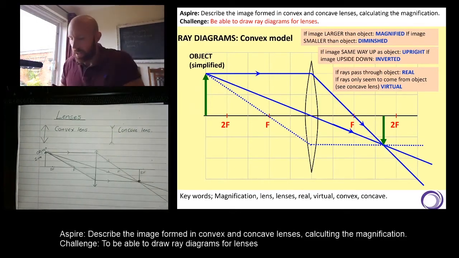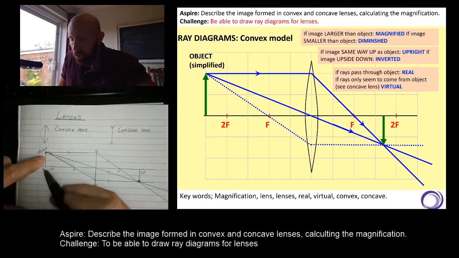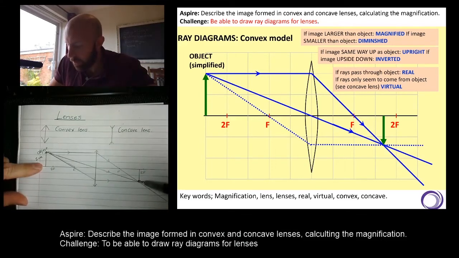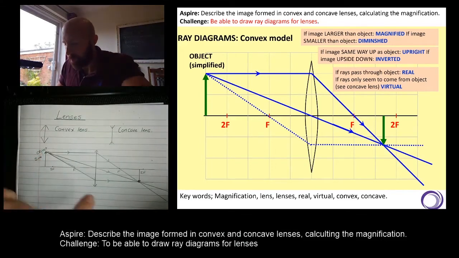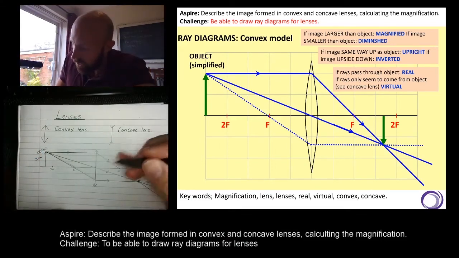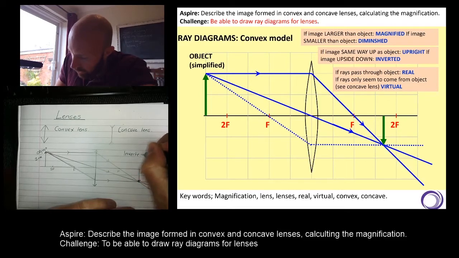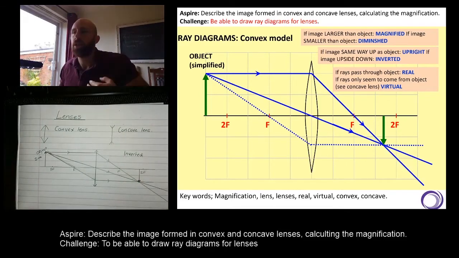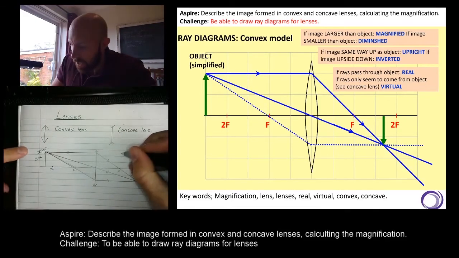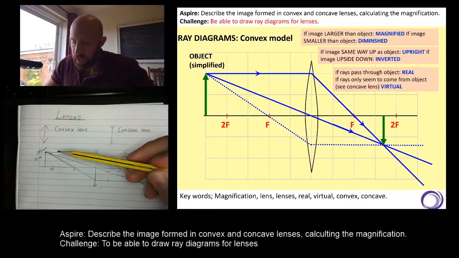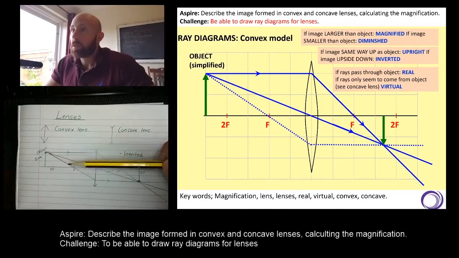So we can see that this image is upside down. That's the first thing we can see. This one was pointing upwards and this one is pointing downwards. So we could say that the image is, use the fancy word, inverted. So an image could be inverted or the right way up. This way is inverted. The next thing we need to look at is whether or not it's got bigger or smaller.